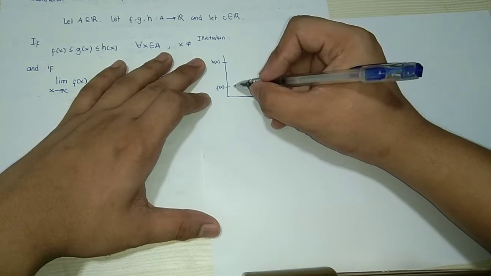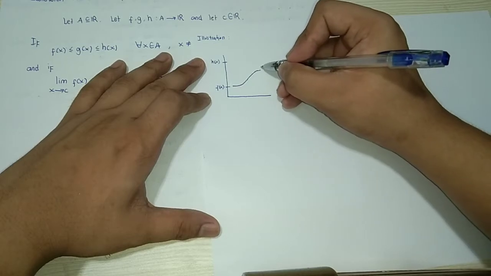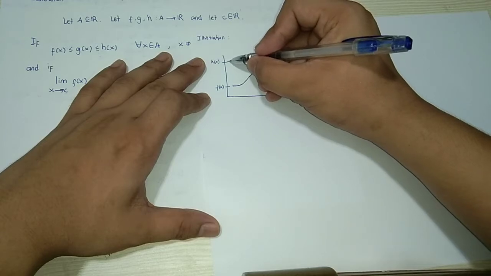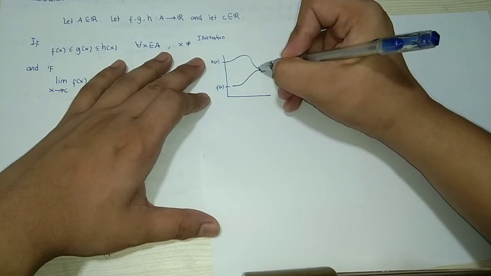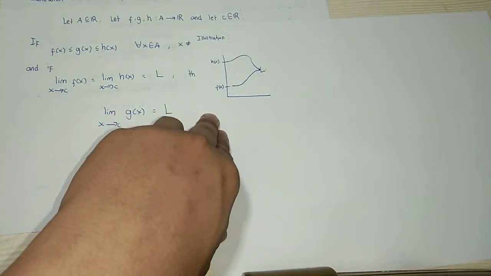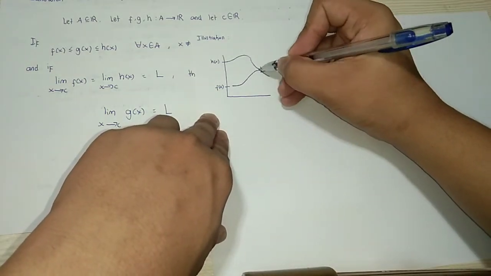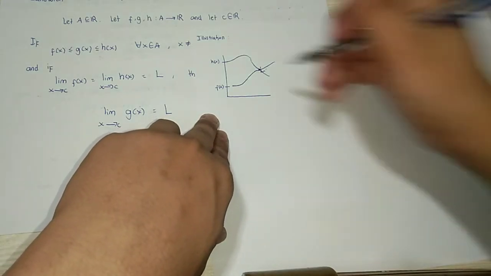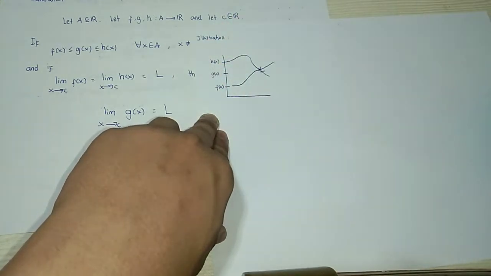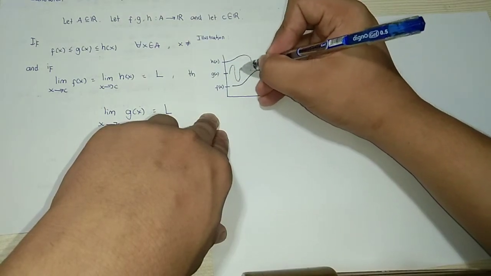Then, kung ang f of x natin ay nag-a-approach sa L, so let's say ito yung L, tapos yung h of x natin nag-a-approach din siya sa L, so yung limit daw ng f of x tsaka h of x parehong L, so dun pareho nag-a-approach. So let's say yan function. Then yung g of x daw, which is nasa pagitan ng f of x tsaka h of x, automatic yan mag-a-approach din sa L.